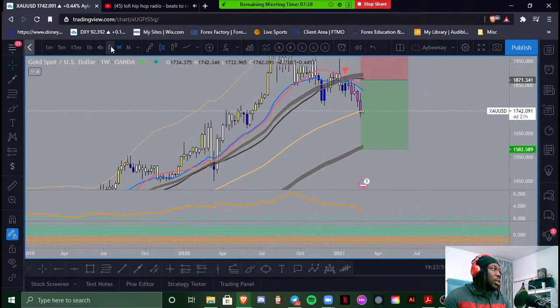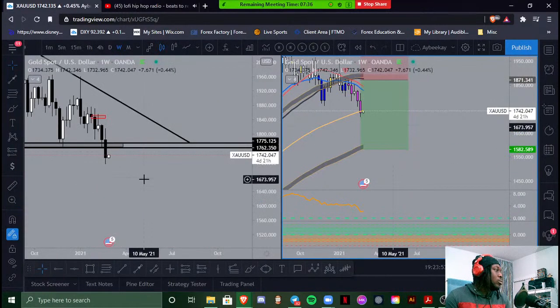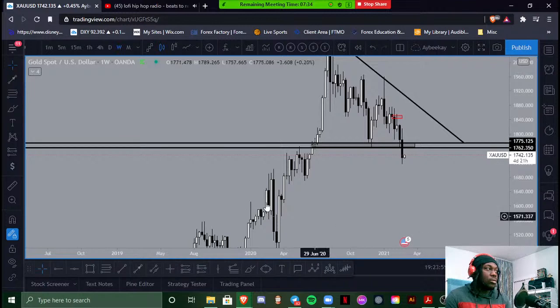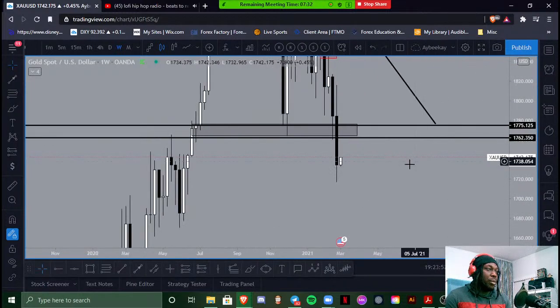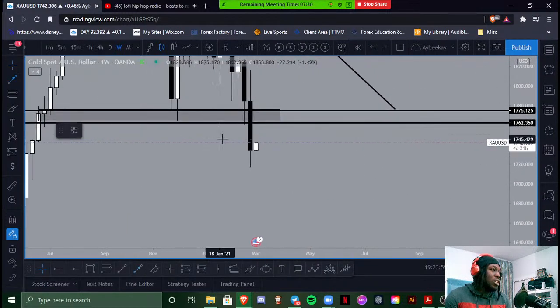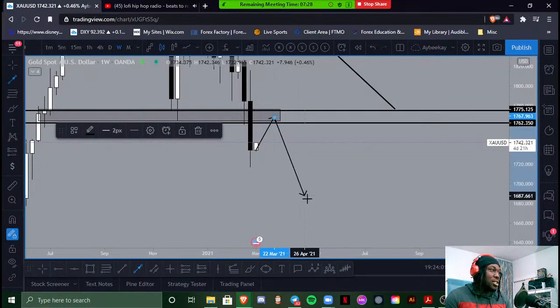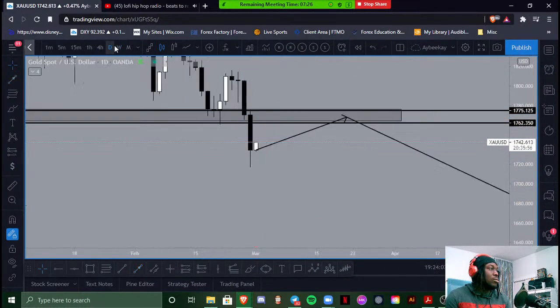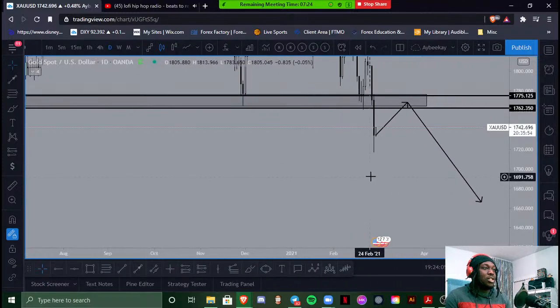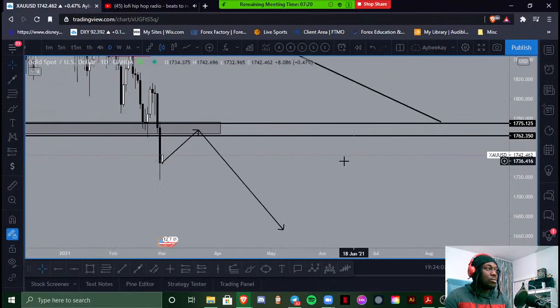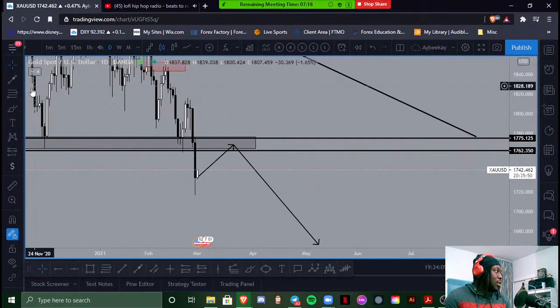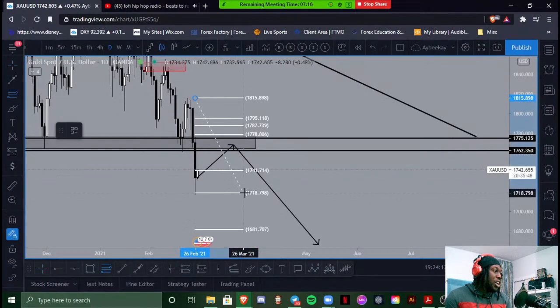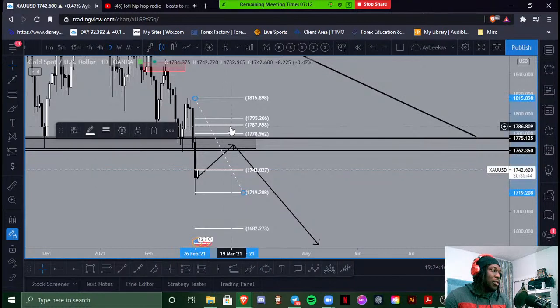So what I really want to see on gold at this point is for price to just literally do the retest, skedaddle. From this impulsive move, price would come probably up a little higher at 1787, but I'm not going to be looking for sells up here.